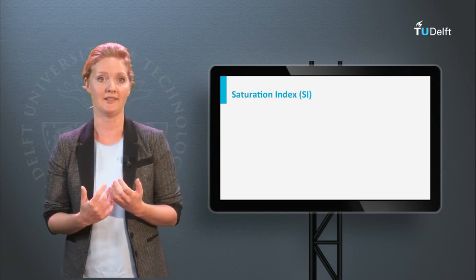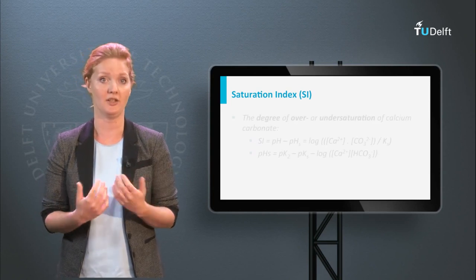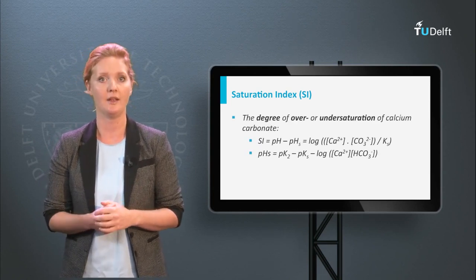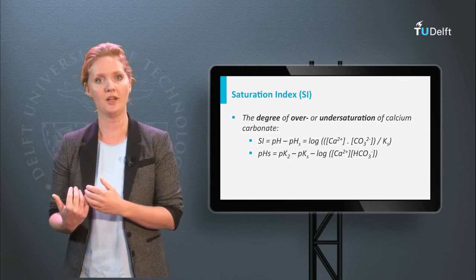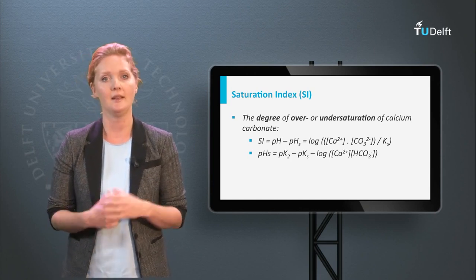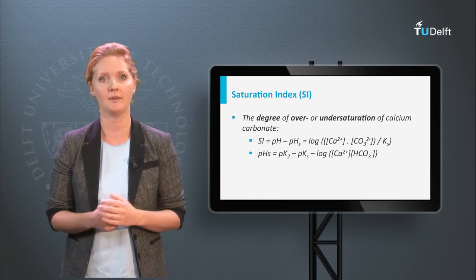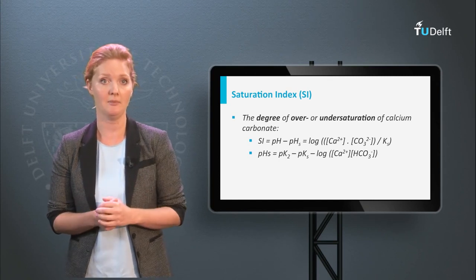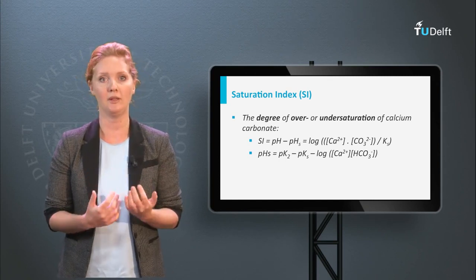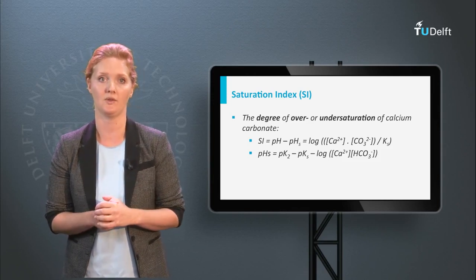Before we start the exercise, I want to introduce one last term, namely the saturation index, or SI. The saturation index is the degree of over or undersaturation of calcium carbonate. SI equals pH minus pHs. pHs is the pH at which water is in equilibrium and can be calculated with the equilibrium constants and calcium and bicarbonate concentrations.